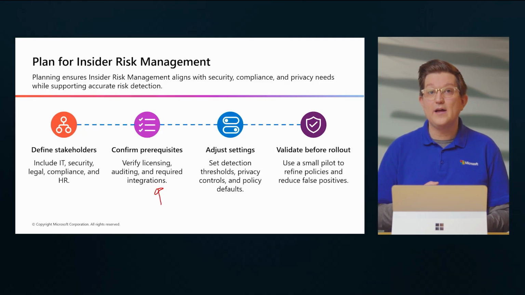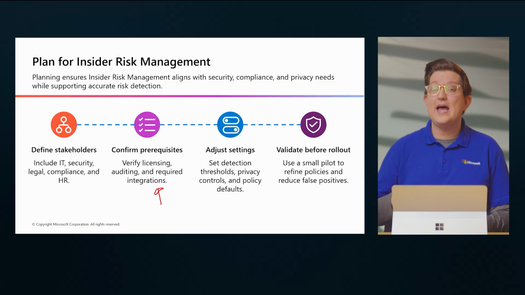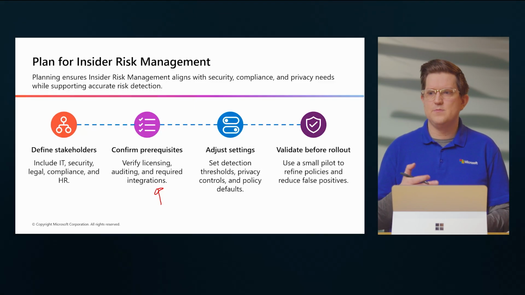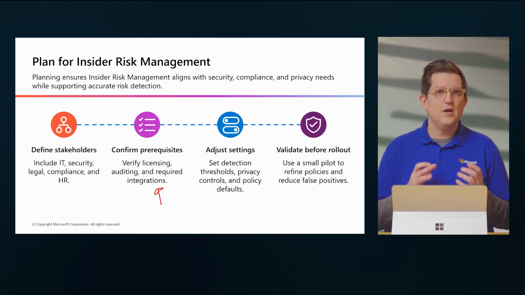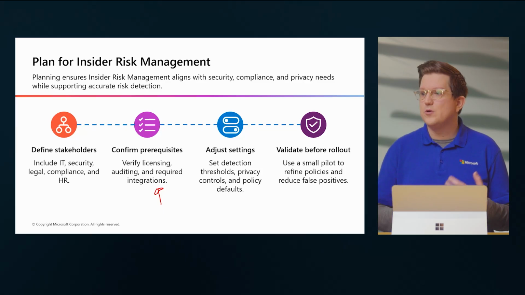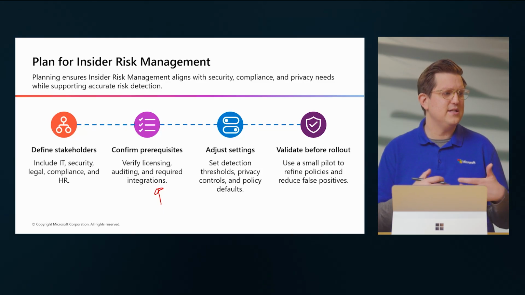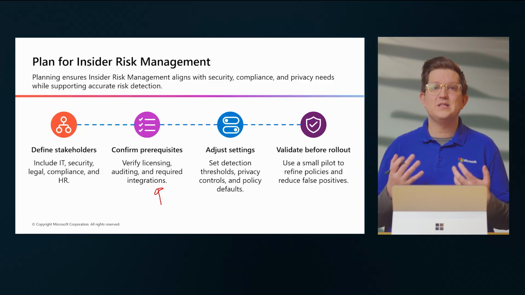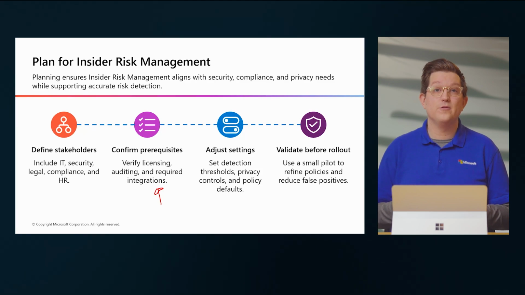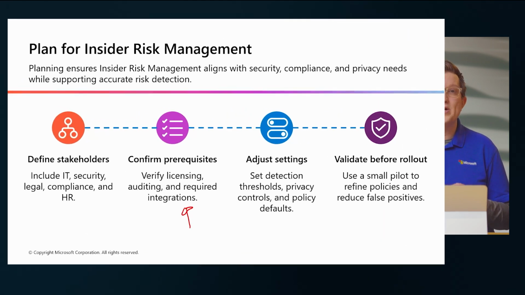E5 is generally required for IRM capabilities, and you've got the integration set up. This goes beyond what we can do in terms of Defender for Endpoint or DLP policies within Purview. This also goes into Purview Audit, enabling HR connectors into other systems, connectors into your ITSM workflows. There is going to be a lot of potential enablement we need to work through here, and it may not be a one and done.